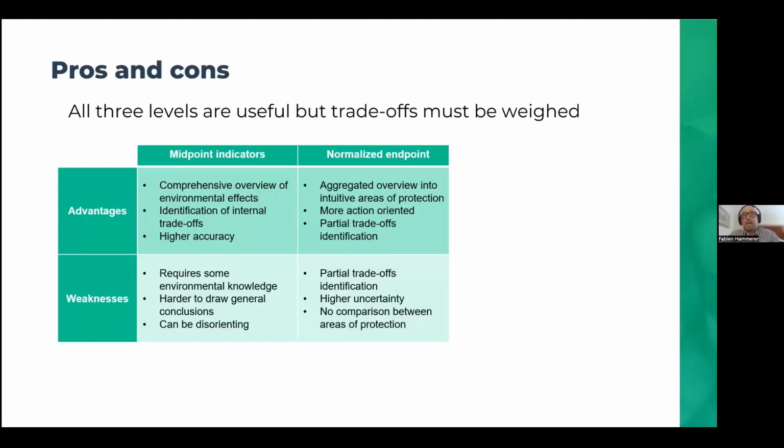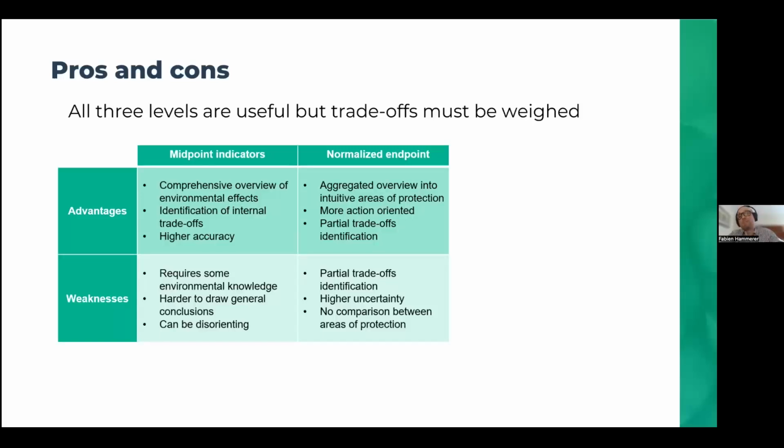Normalized endpoints provide an aggregated overview into intuitive areas of protection. It makes more sense to people to know that we're doing damages to ourselves in terms of toxicity, damages to the ecosystems, and damages by depleting non-renewable stocks. They're therefore more action-oriented with just three indicators to weigh, and they still allow partial trade-off identification, meaning that you can see if a product may be better for the environment, but down the line worse for human health.